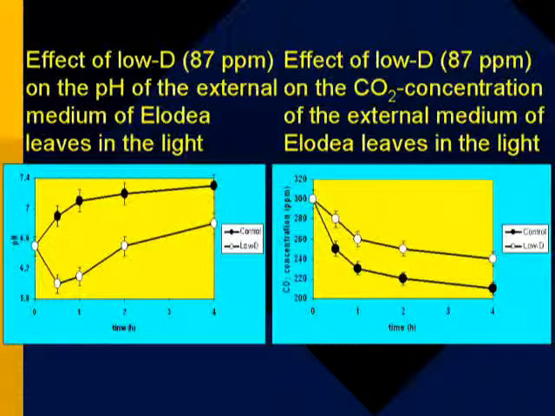And when we did the associated measurements on carbon dioxide concentration, we saw a slight decrease in the carbon dioxide uptake from the water, because this is the uptake due to the photosynthesis. And in deuterium-depleted water, this uptake in the first half an hour was decreased, but after that the rate of the uptake was similar to that of the control.